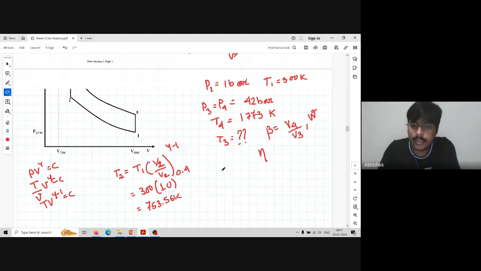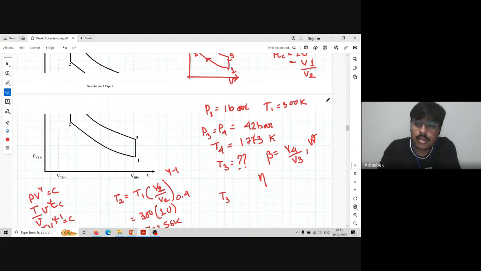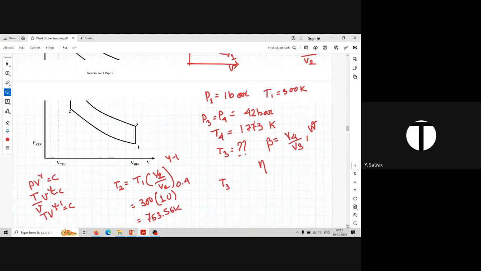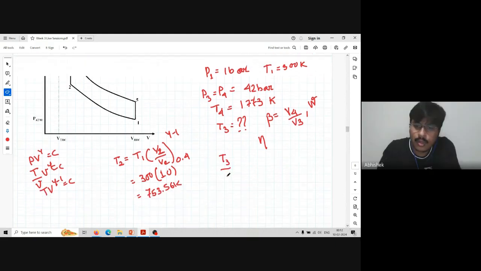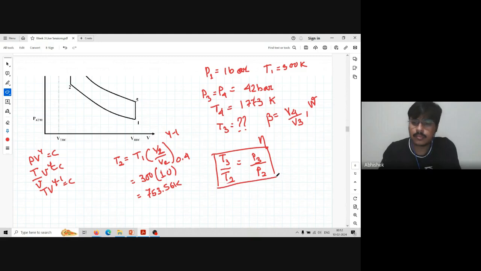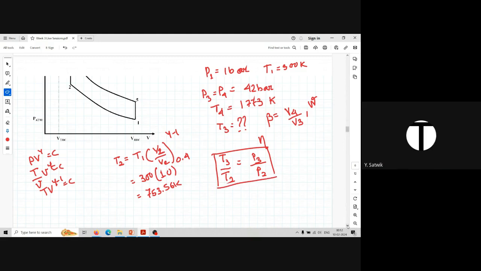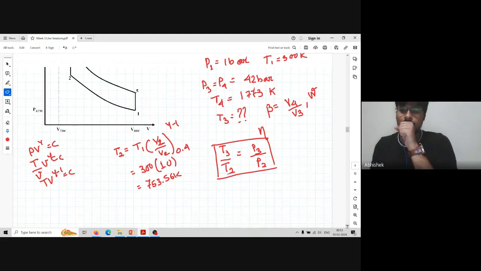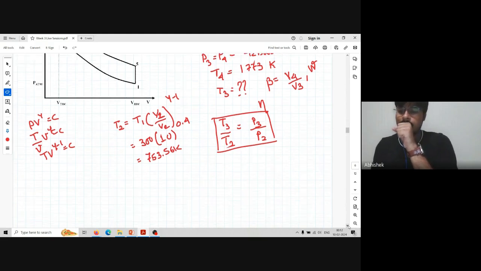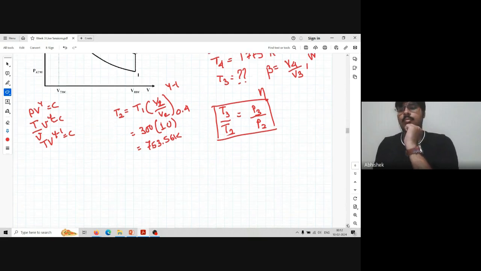Then we will calculate T3. What is the process taking place from T2 to T3? It is a constant volume process. So we have to apply this: T3 by T2 is equal to P3 by P2, correct? Yes, sir. So do we know P2 or P3?